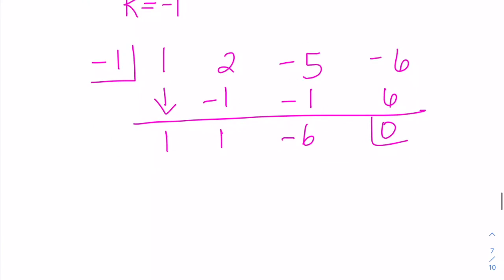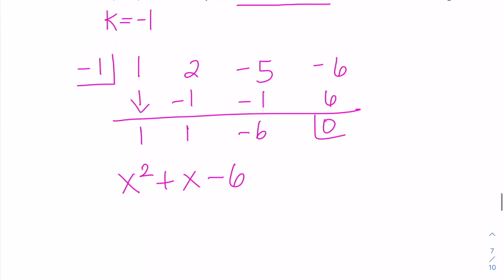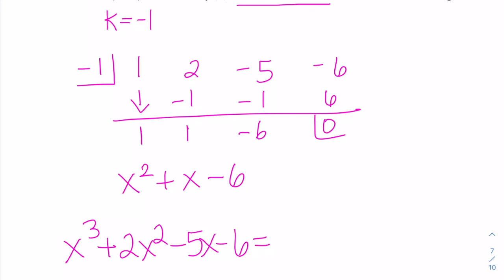All right, so this is going to be x squared plus x minus 6. And we know that that can factor. So I'm just going to write this all down. So x cubed plus 2x squared minus 5x minus 6. Well, we know that x plus 1 is a factor because the remainder was equal to 0.